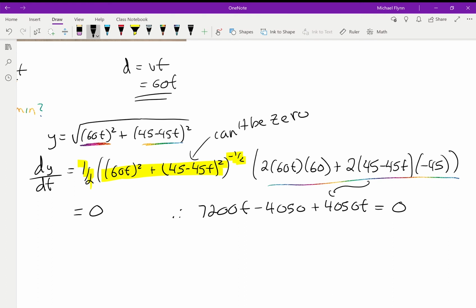7200 plus 4050, what's that? That's 11,250, right? So 11250t equals 4050, like that.